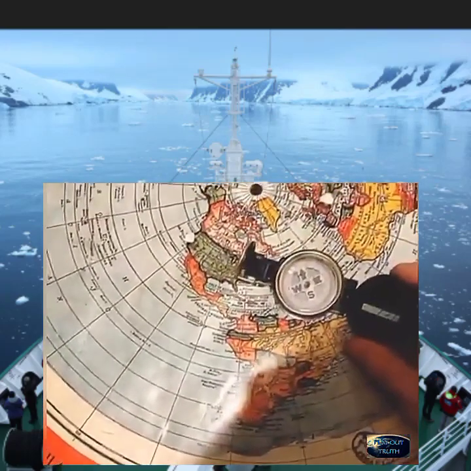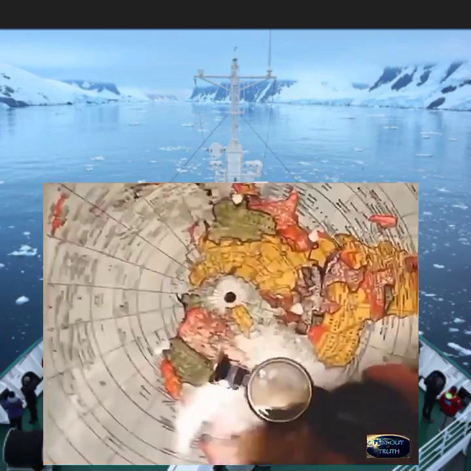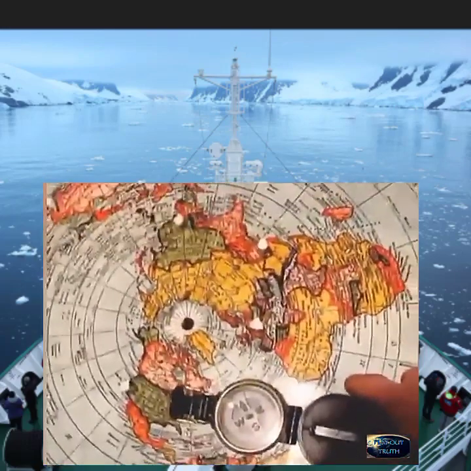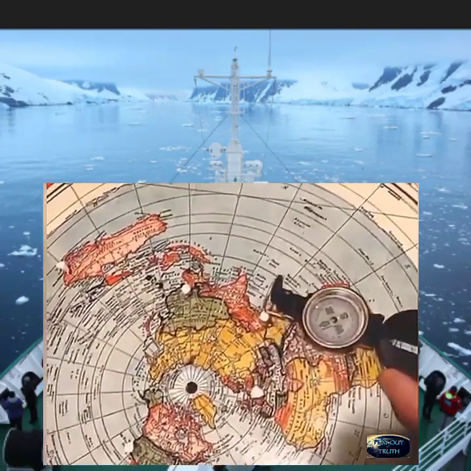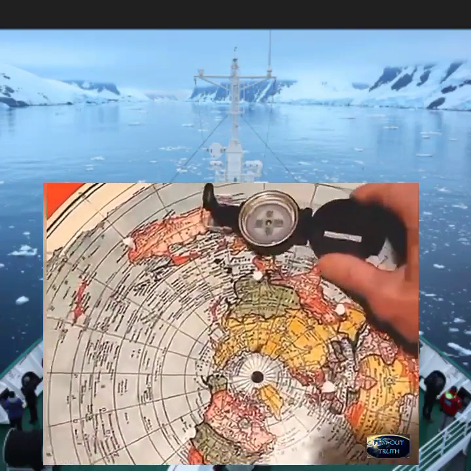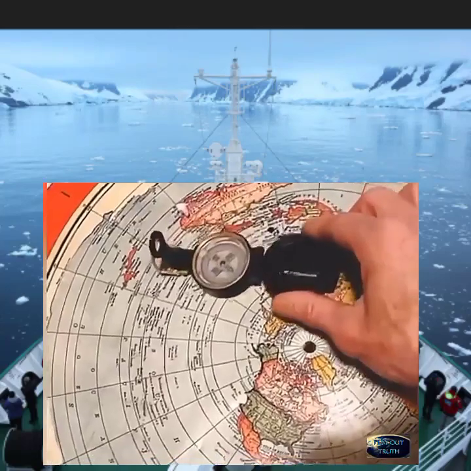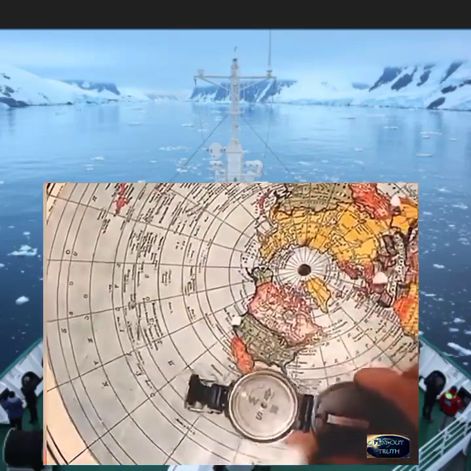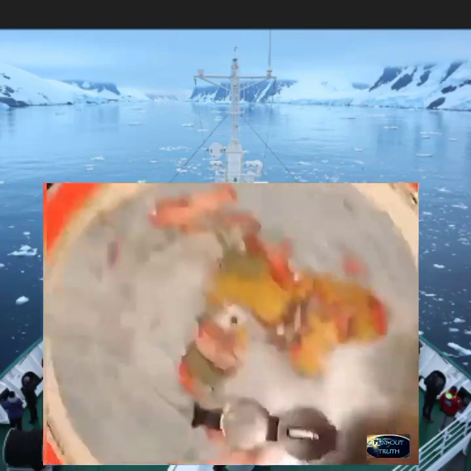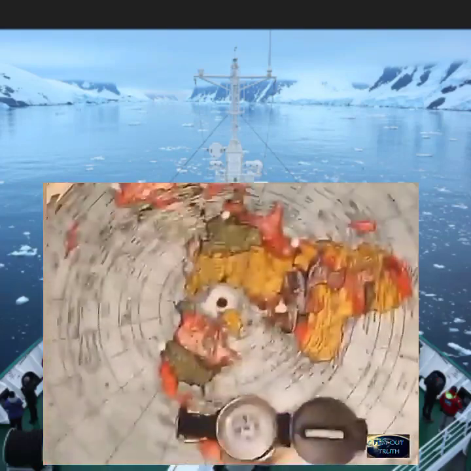Now watch what happens to the compass. It automatically points to the center of the flat earth map. Now watch as I move it around the center of this. Being that it's magnetized, it will automatically point to the center no matter where it is on this map. Now, let's get to the point.